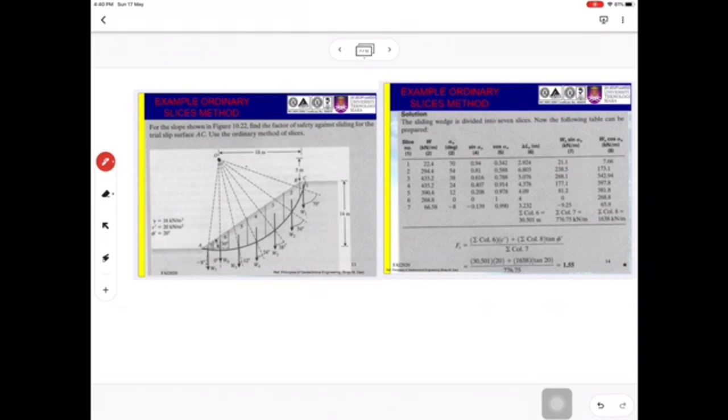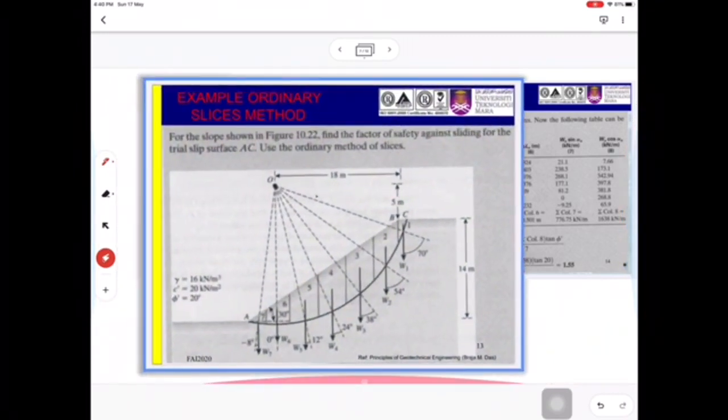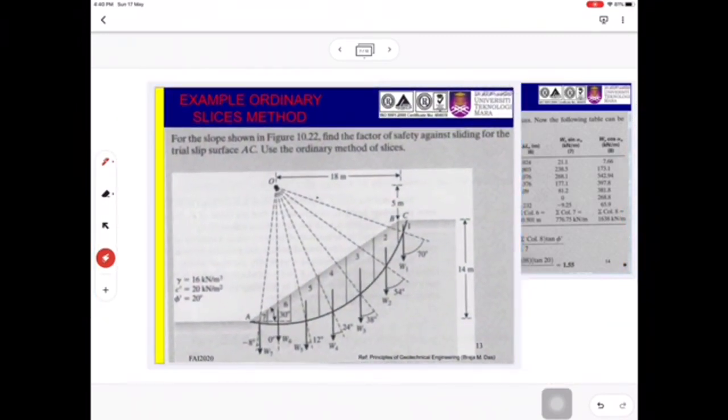Okay, this example I took from Principles of Geotechnical Engineering by Braja M. Das.